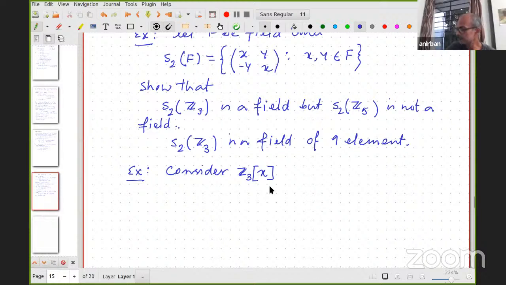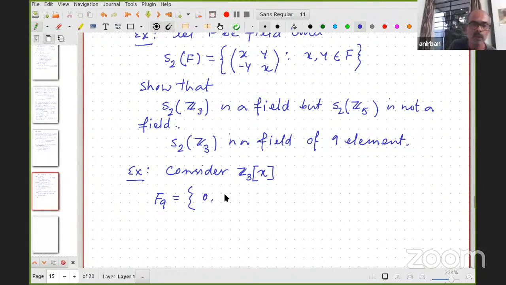So that forms a ring. And we look at the following subset of this. We are calling it F9. It's going to be a field with 9 elements. That is to be checked, but I'm just writing it by listing all the elements.